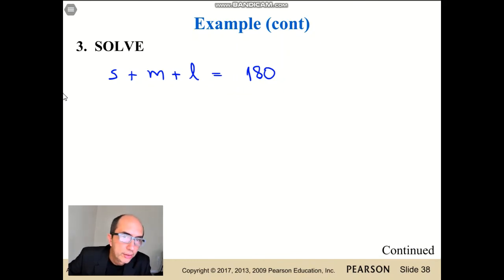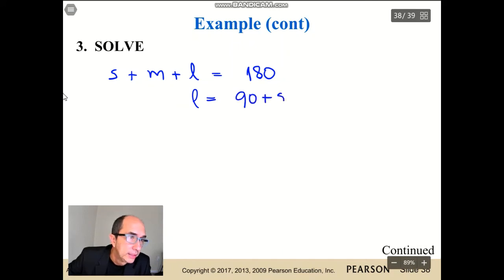So check out the other equations that we have. We have L equals 90 plus S, and we have M equals 30 plus S. And that's very good because we have an expression for L that we can plug into the first equation, and an expression for M that we can plug into the first equation.